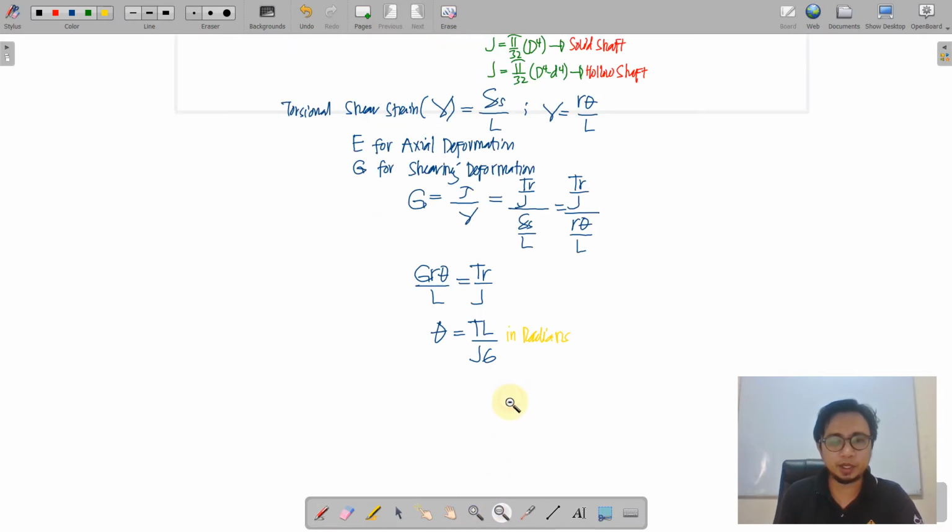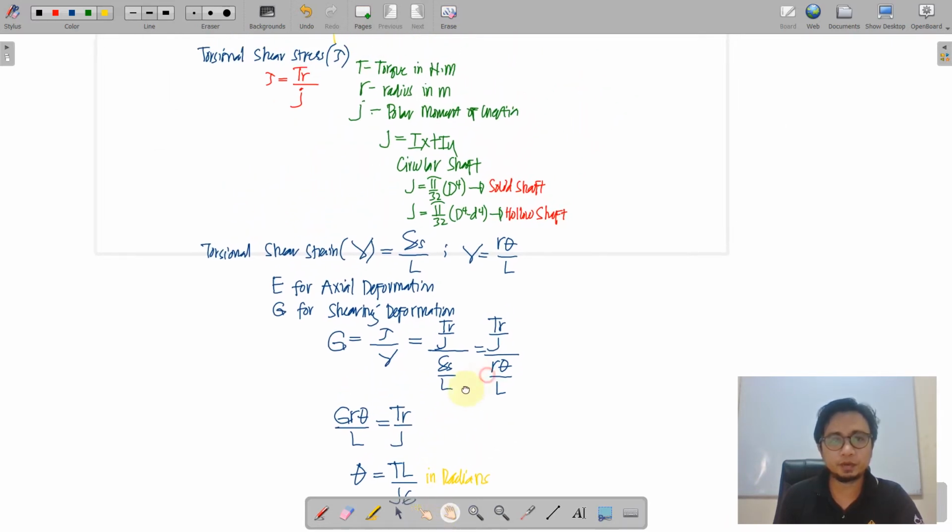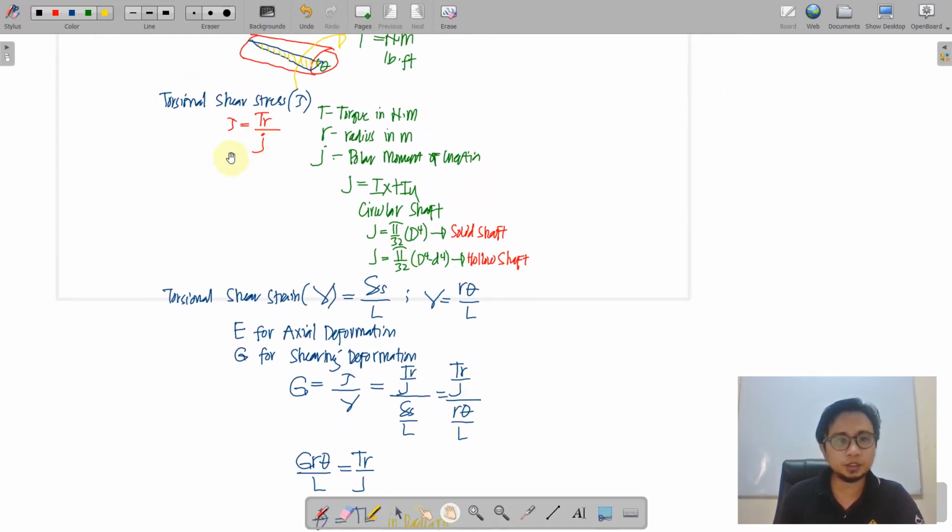To have a recap, torsional shear stress tau is equal to TR over J. By the way, the unit here is megapascals. And J is the polar moment of inertia, normally expressed as the sum of the moment of inertia along X and along Y. Or in short, this is the inertia along the Z axis, or IZ.